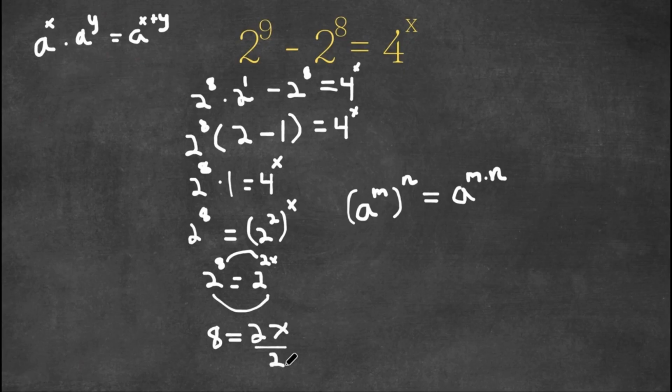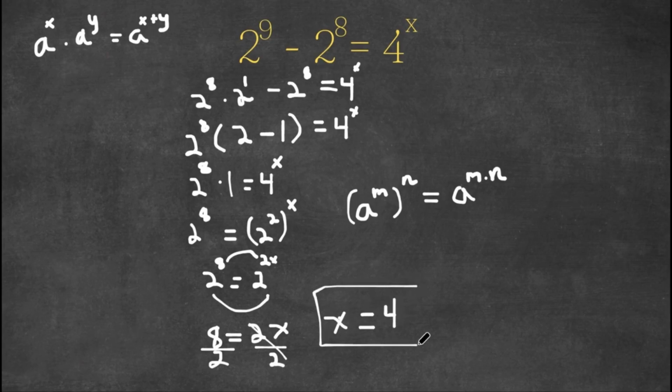So if we divide by 2 on both sides, these two cancel out, and we get 8 divided by 2 equals x, and 8 divided by 2 is 4. So x equals 4. And this is our answer.